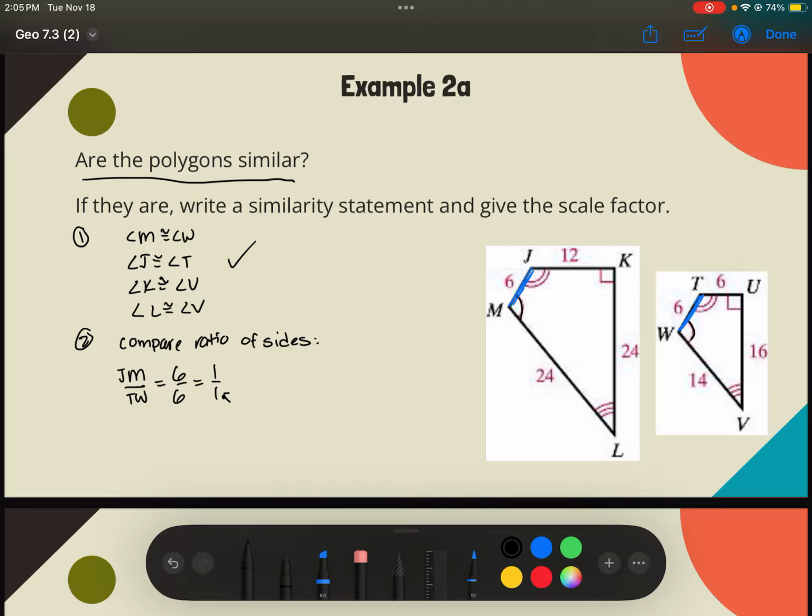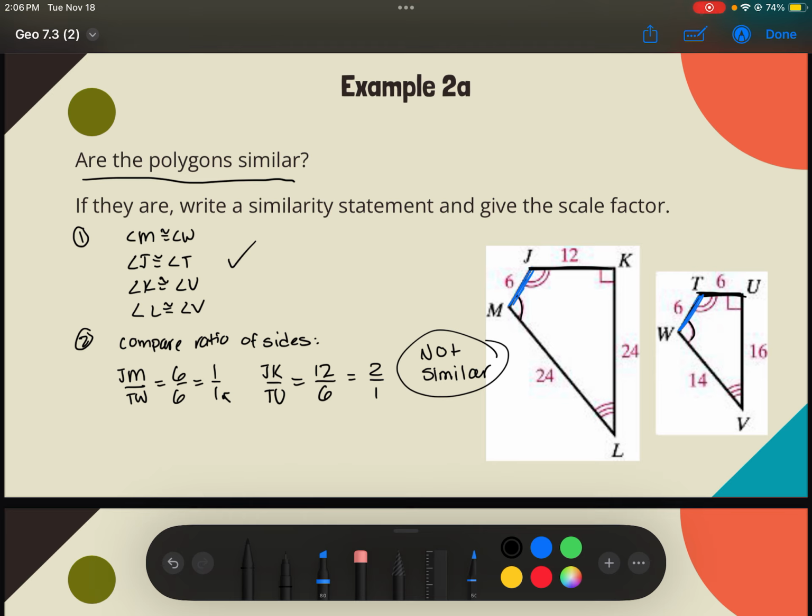A ratio must have a numerator and a denominator. Okay, so if they're similar, then I should get a 1-to-1 ratio for every other pair of corresponding sides. Let's check out JK and TU next. So JK over TU, and you guys probably looked ahead and saw, oh wow, 12/6. That's going to be very different, all right? So just by that alone, we know that these are not similar. They do not have the same ratio for all 4 sides.